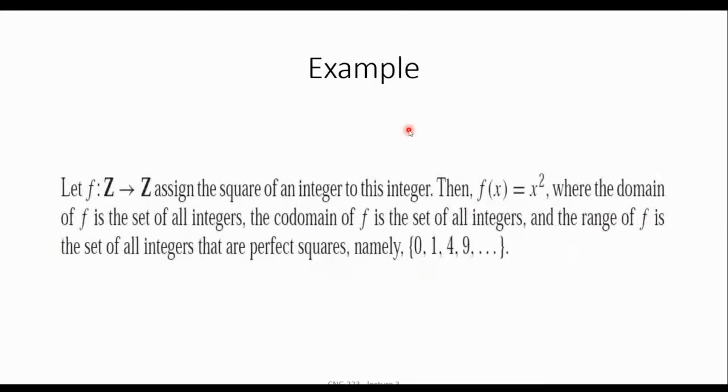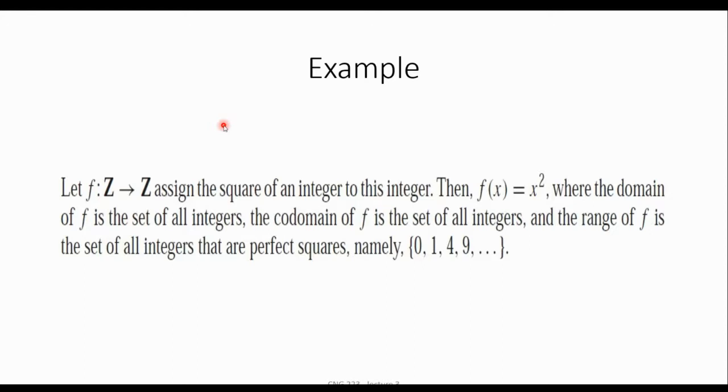In examples, it will be more obvious, and I'm sure all of you have already seen it in high school and also calculus. As an example, let's take this function to map from the integers to another set of integers. So it considers the whole set of integer numbers as all the possibilities.